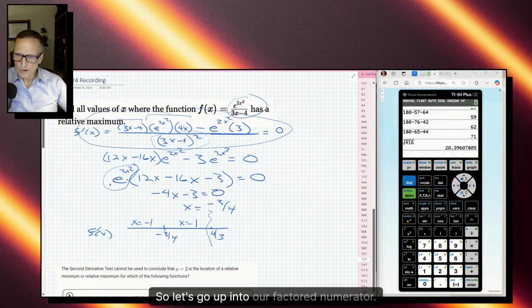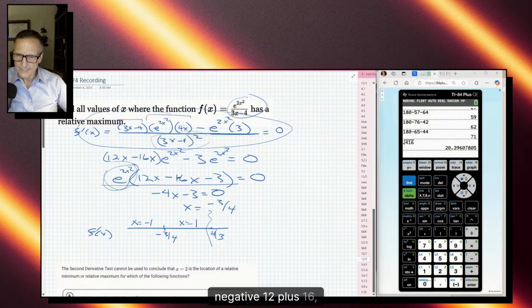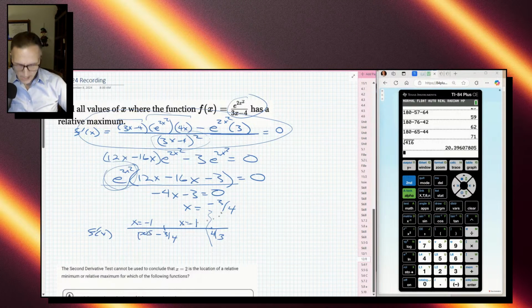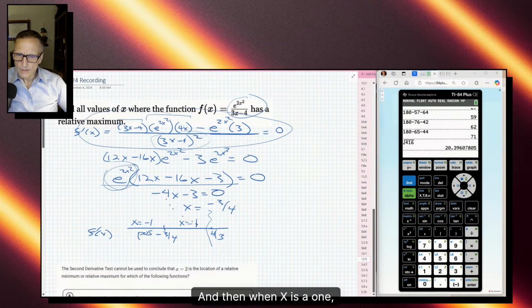So let's go up into our factored numerator. When x is negative 1, this first factor will be positive, but this one up here is going to be negative 12 plus 16, 4 minus 3. So that makes this positive. And then when x is 1, it's negative.